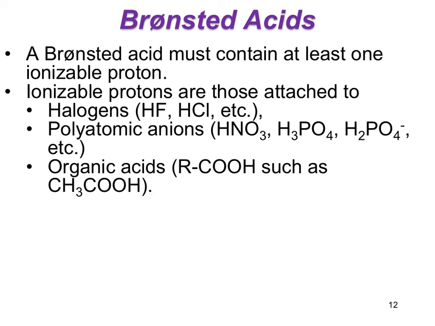A Bronsted acid must contain at least one ionizable proton. Ionizable protons are attached to the halogens, HF, HCl, etc., polyatomic anions, HNO3, H3PO4, H2PO4-, etc., and organic acids, RCOOH, such as CH3COOH.